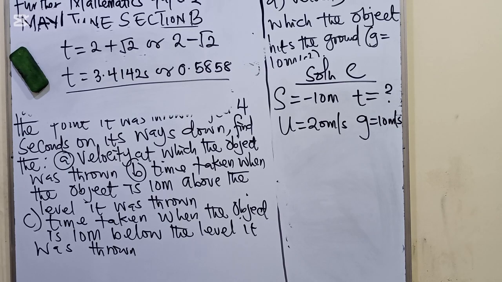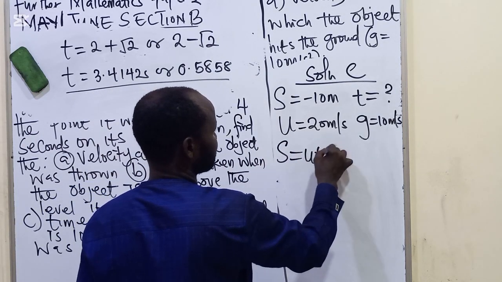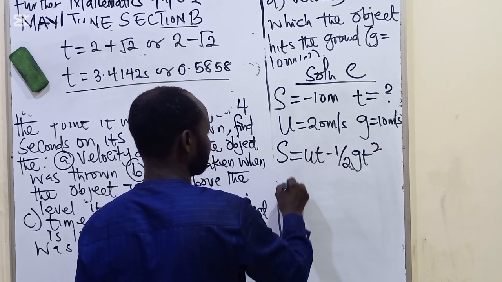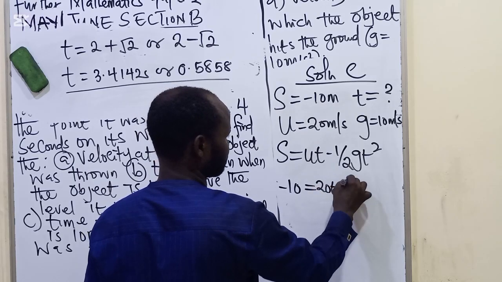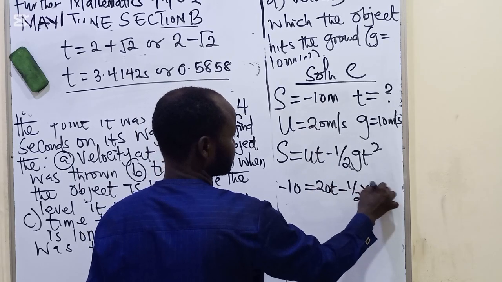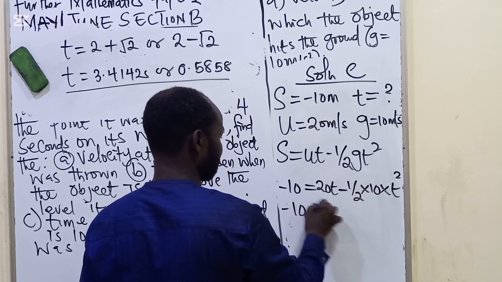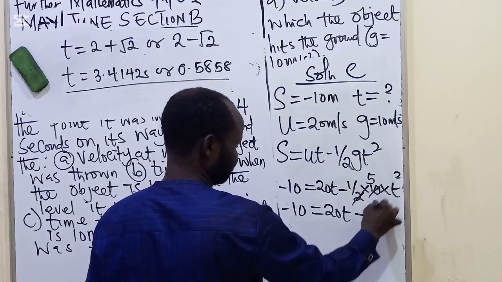Let's see, we still use the same formula. That will be s equals ut minus half gt squared. Let's substitute. Negative 10 now will be u is 20 multiplied by t minus half times 10 times t squared. Minus 10 now will be 20t minus 5t squared.